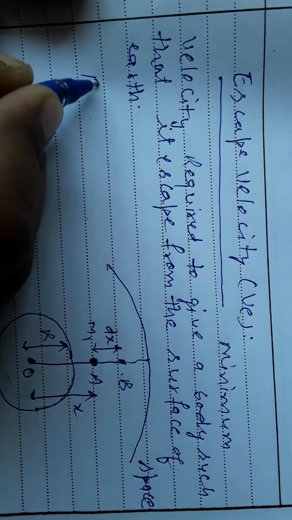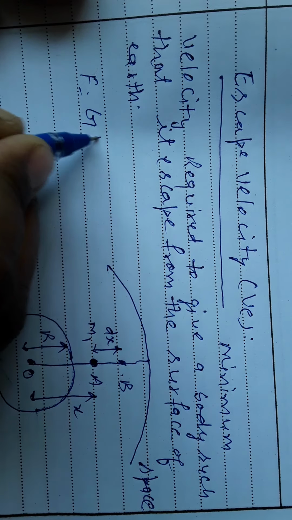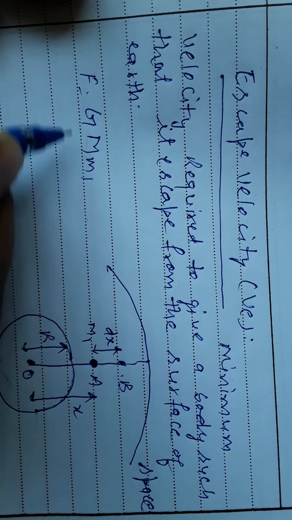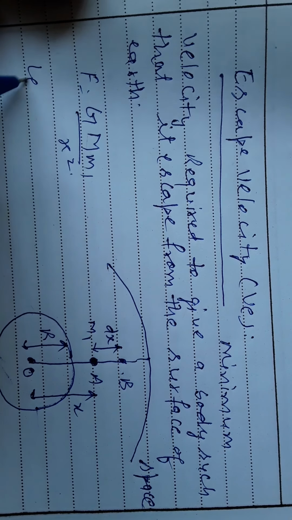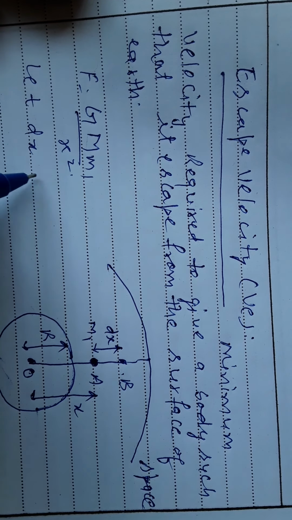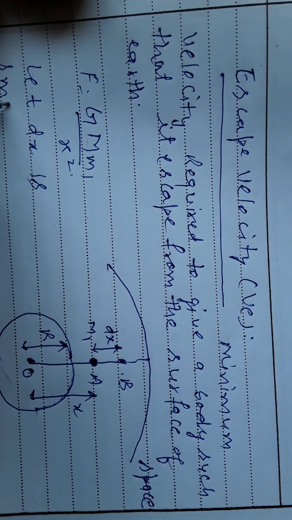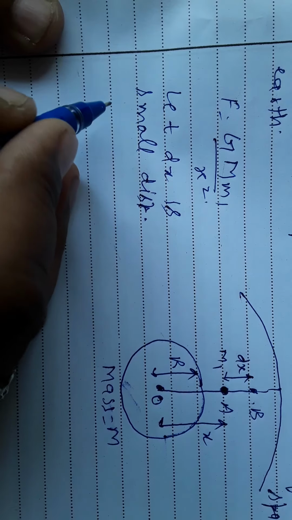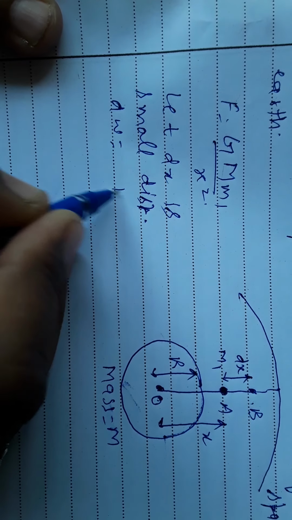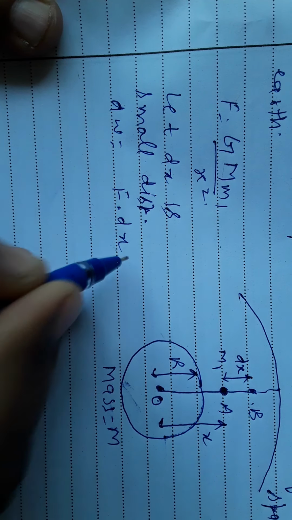According to Newton's law of gravitation, F is equal to G times mass of Earth, mass of object, upon x square. Let dx be a small displacement. Then the small amount of work done dW is F into dx.